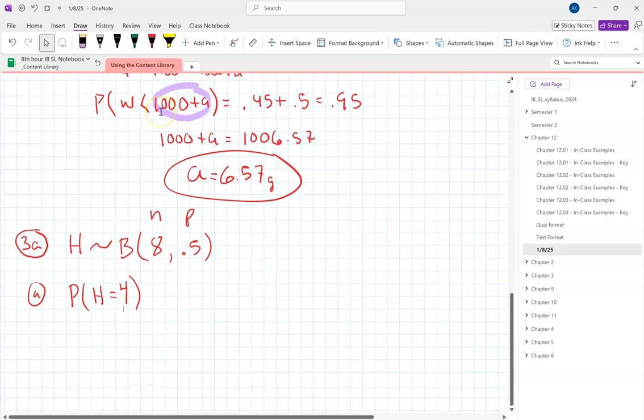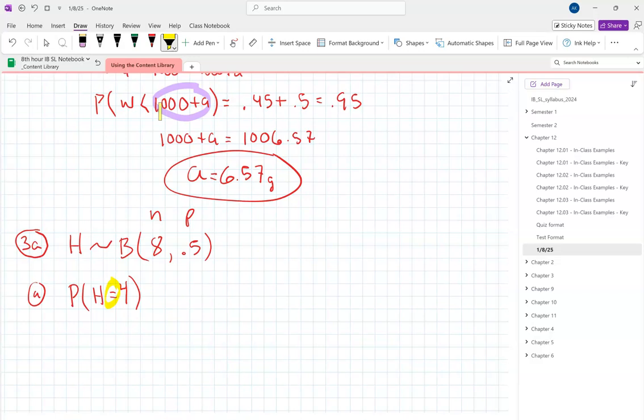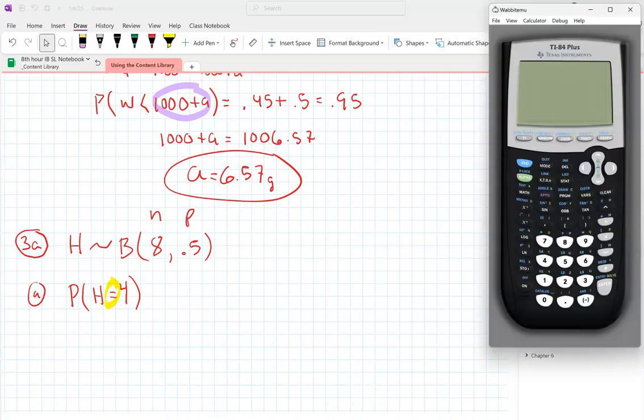What's the key thing in this probability statement that's going to tell me what to do? That it's an equal sign. What does equals mean? PDF. So I'm going to go back to my VARS menu, or my distributions menu. This time I'm going to scroll all the way down to the bottom and find binomial PDF.